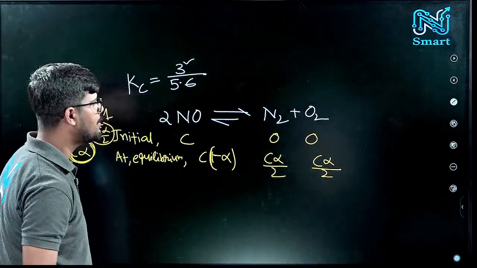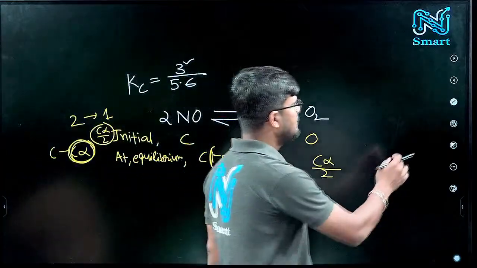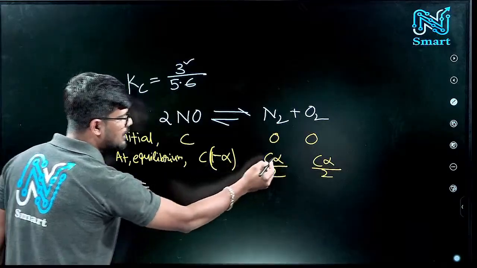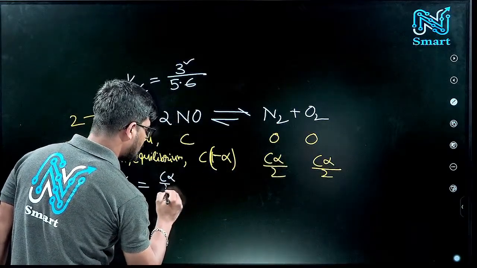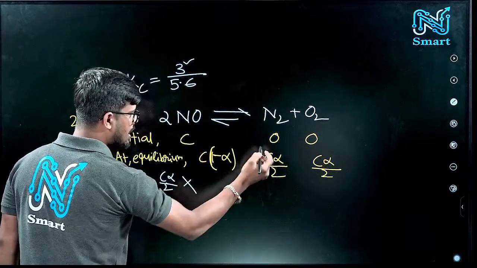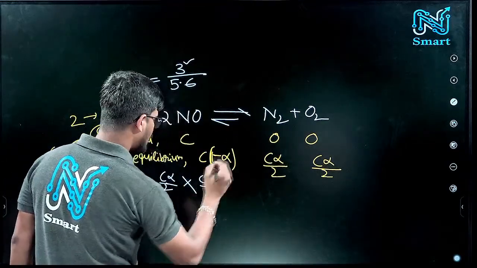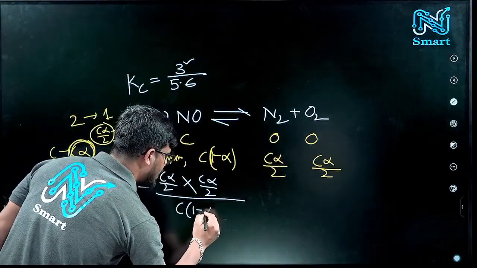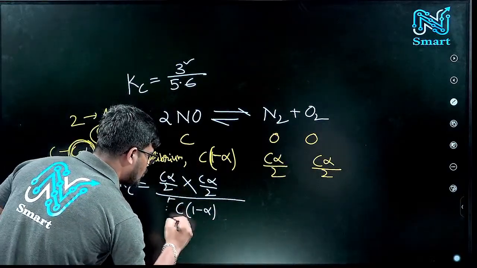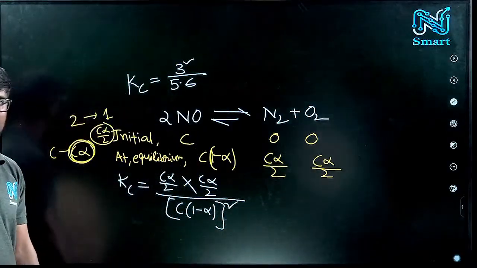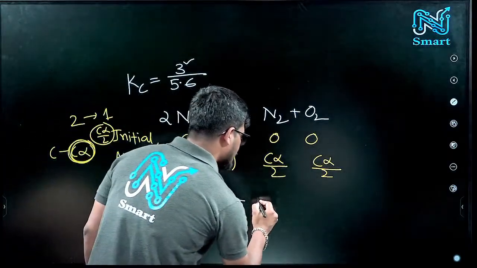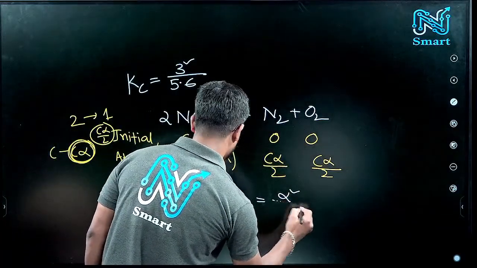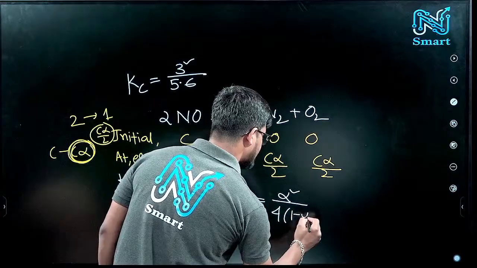So can we write the equilibrium constant for this also? Yes, we can write. So Kc will be equal to C alpha by 2, the N2 concentration, into C alpha by 2, the O2 concentration, divided by the NO concentration, C into 1 minus alpha, and since we have the square, we have to put the square, just like before. So from this, C will be cancelled, and we get alpha square by 4 into 1 minus alpha square.